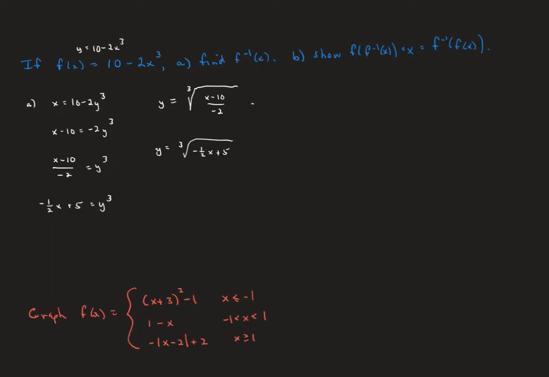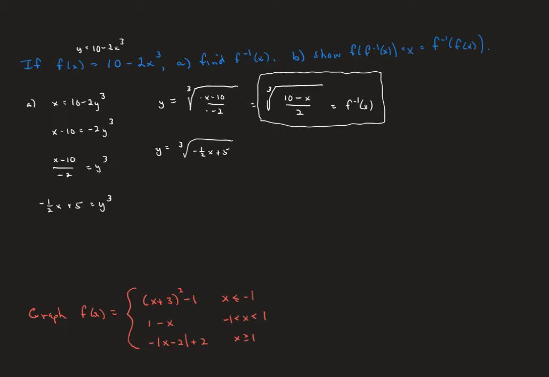And if we want to, this is optional, this is just for aesthetics, we can bring this negative up into the numerator. That will change the negative 10 to positive and the positive x to negative, and that looks a little nicer. And that we can call our f inverse of x. And you don't have to do that last part, but it just looks a little bit better. So there's our part A.